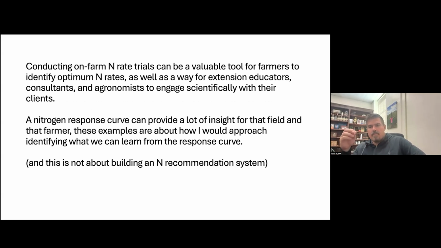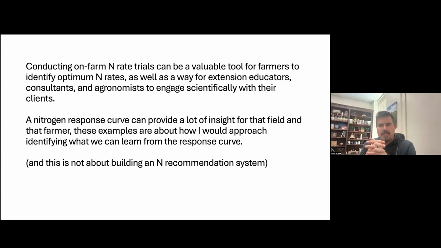It's relatively simple, it's a great way to get into on-farm research, and it's quite popular, right? I think these nitrogen response curves can provide a lot of insight for that field in that year, and for that farmer.